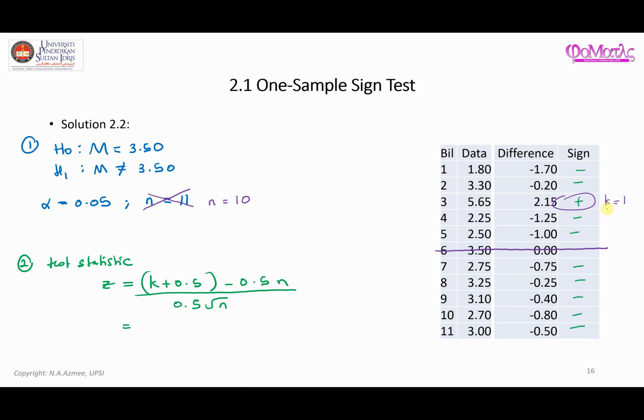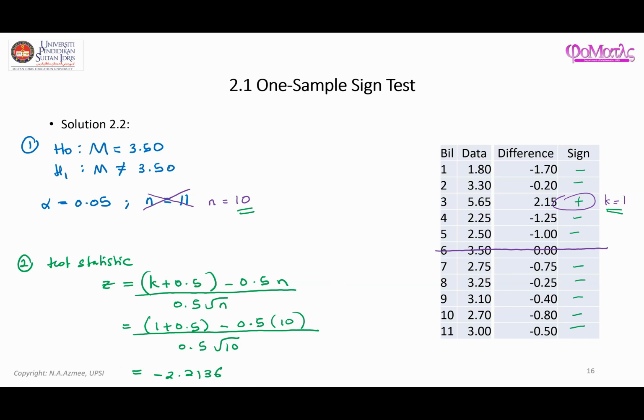So you just plug in the value of k, 1 plus 0.5 minus 0.5 times the new sample size, which equals 10, over 0.5 times the square root of 10. If you punch these values into your calculator, you will get a value of z of about negative 2.2136. So that's the value of our test statistic.